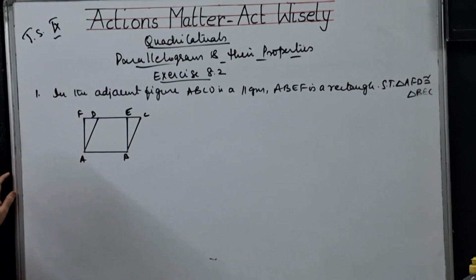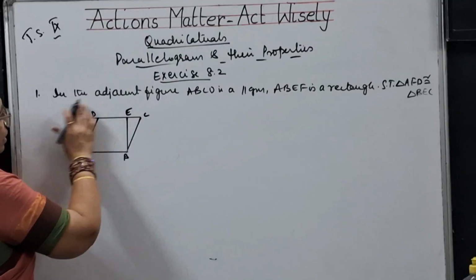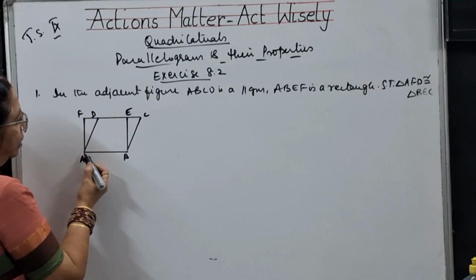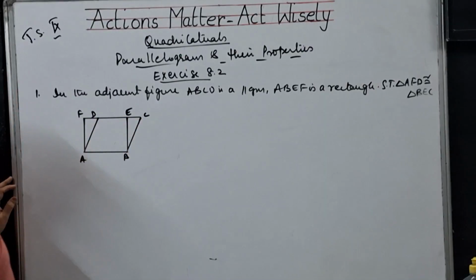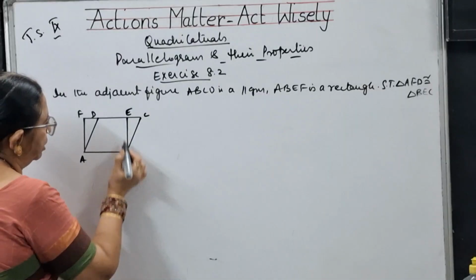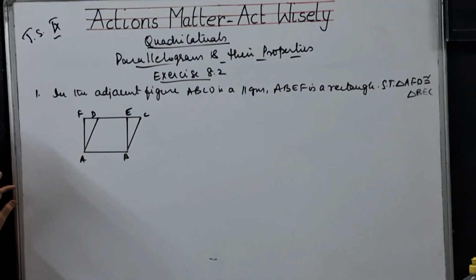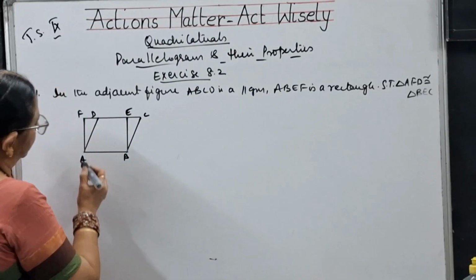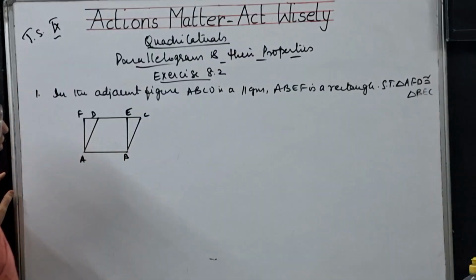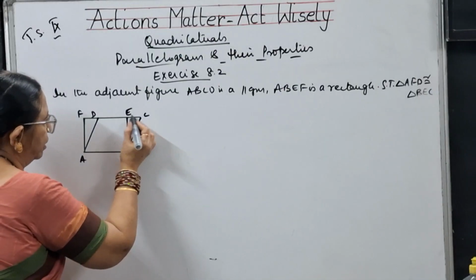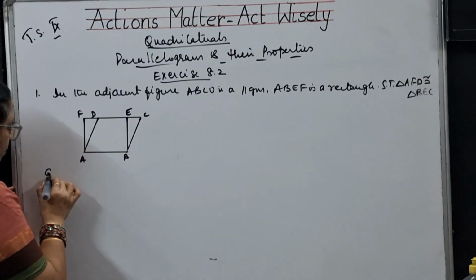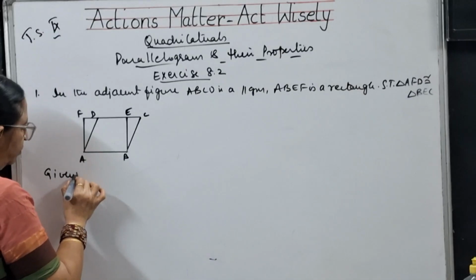Now, exercise 8.2, first one, children. In the adjacent figure, ABCD is a parallelogram and ABEF is a rectangle. Show that triangle AFD is congruent to triangle BEC. So, what is given to us?